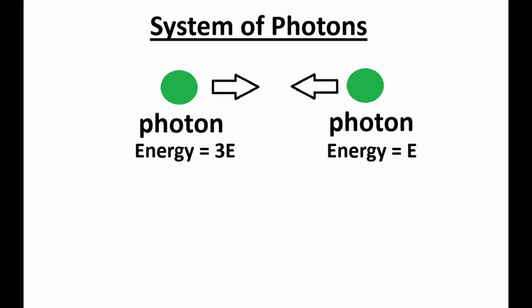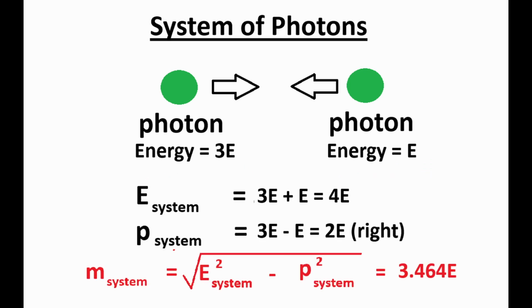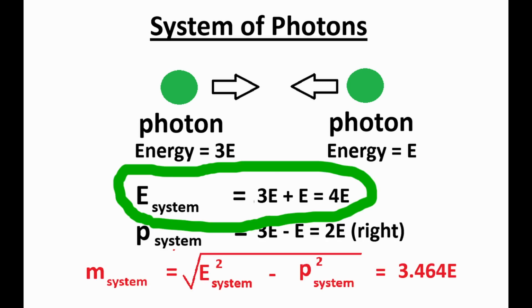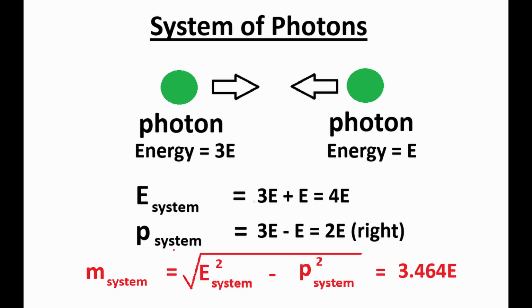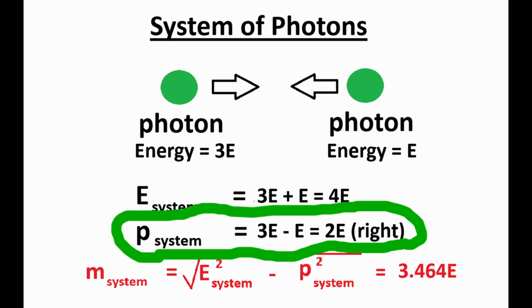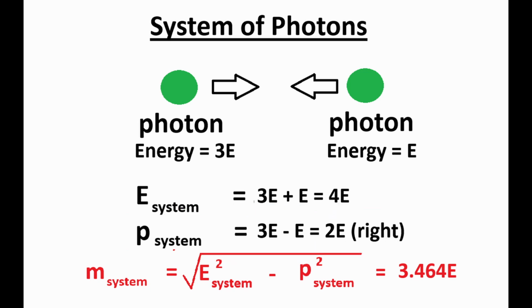Perhaps an even stranger example is a system consisting of 2 photons. Each particle has 0 mass. One photon has an energy e, and the other photon has an energy 3e. The total system energy is 4e. The particles are moving in opposite directions of each other, so the total momentum of the system is 3e minus e, or 2e to the right.